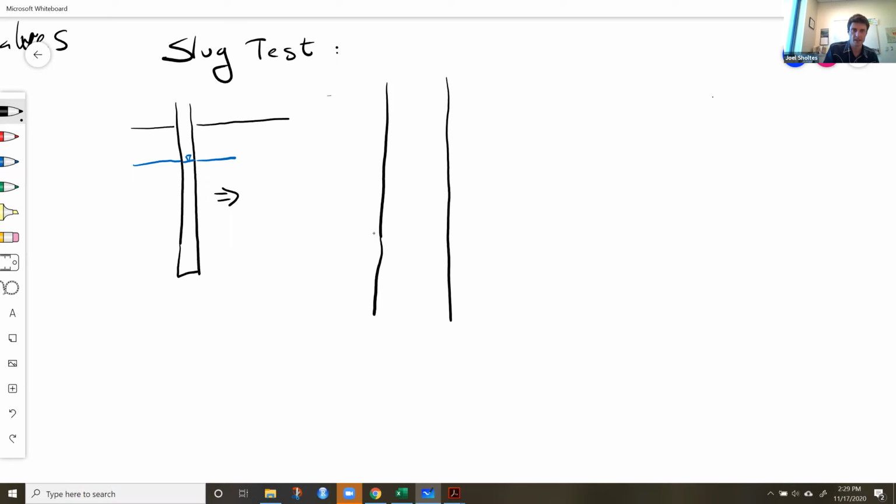So you put that baler in, it goes in, and then here's our groundwater level at kind of like steady state. And then all of a sudden that baler comes out and we've dropped the water level a little bit. So our baler is full of water and it's coming out. And so you take this slug of water, you remove it really quickly from the well.